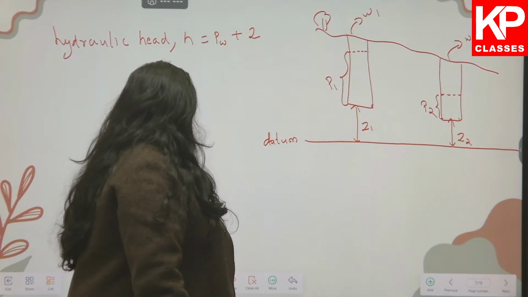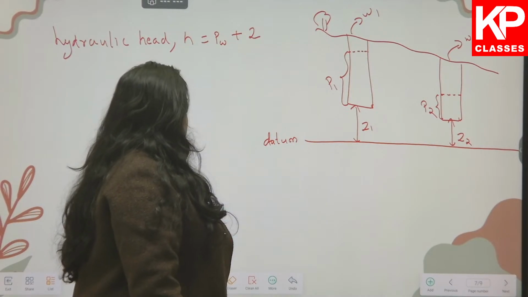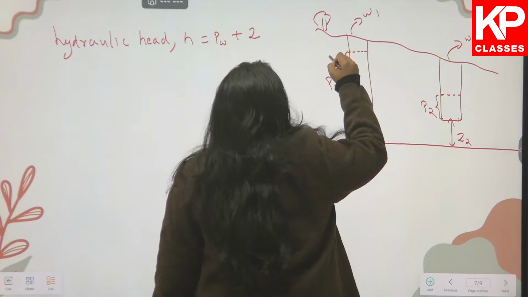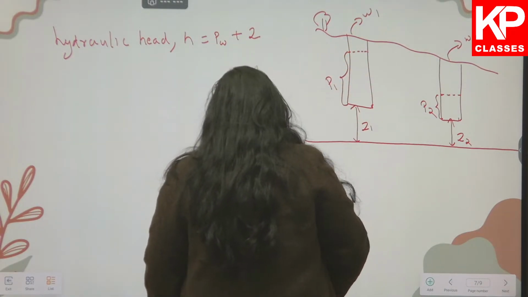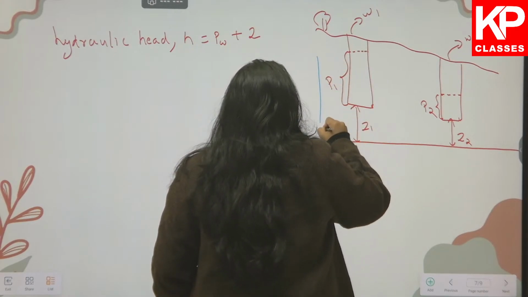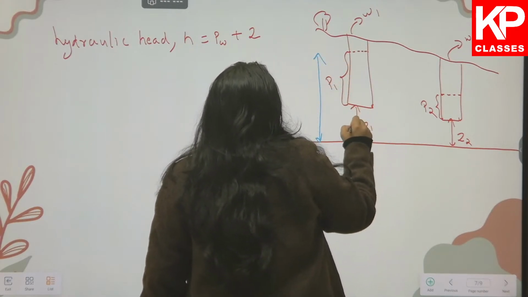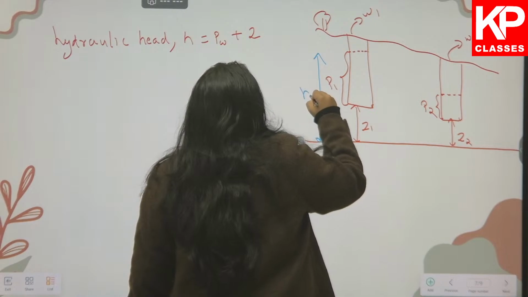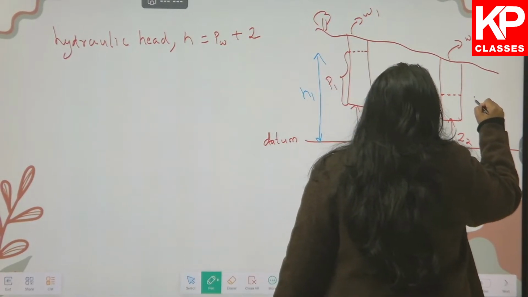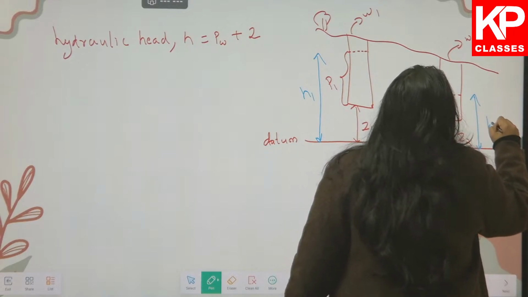So altogether, the hydraulic head of well number 1 is actually this much, because Z1 plus P1 will be the hydraulic head at well number 1, whereas the hydraulic head at well number 2 will be only this much.